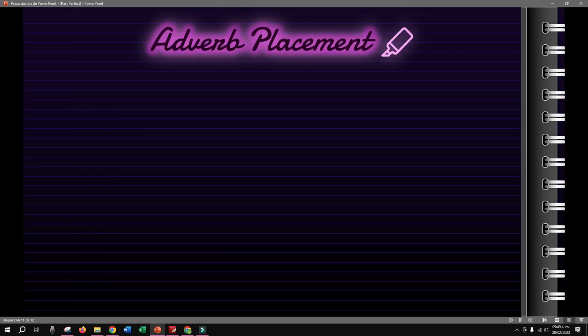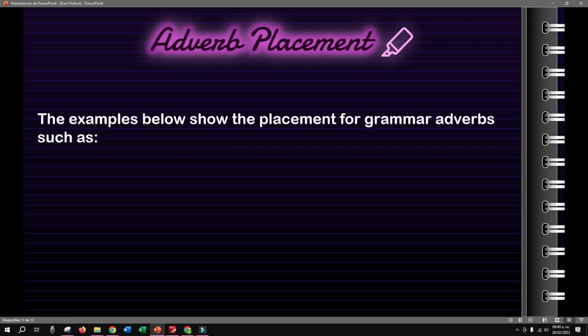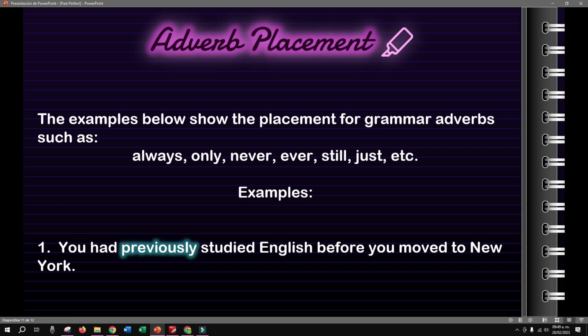Adverb placement. The examples below show the placement for grammar adverbs such as always, only, never, ever, still, and just. We can use those adverbs, right? And when we talk about past perfect, this could be the correct place. We say, had you previously studied English before you moved to New York?